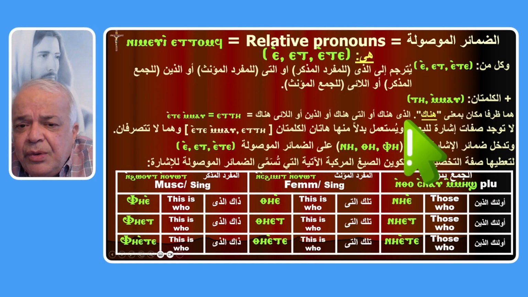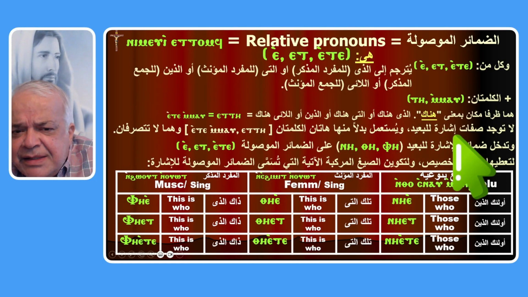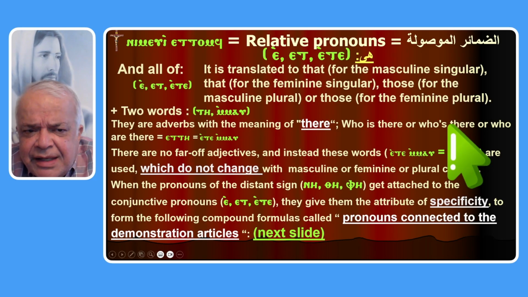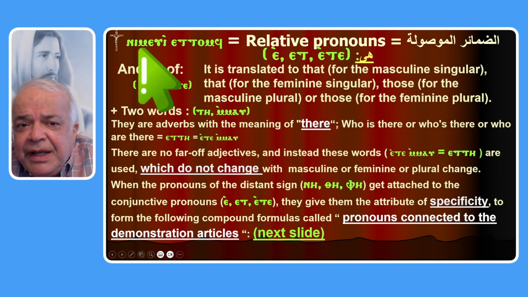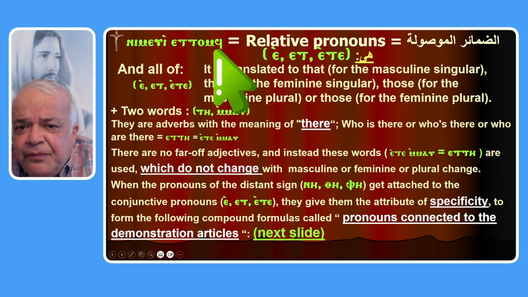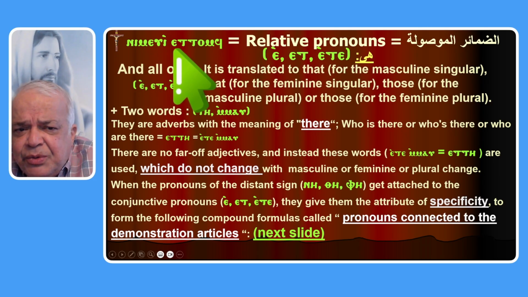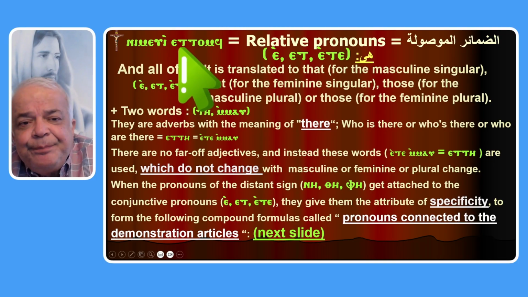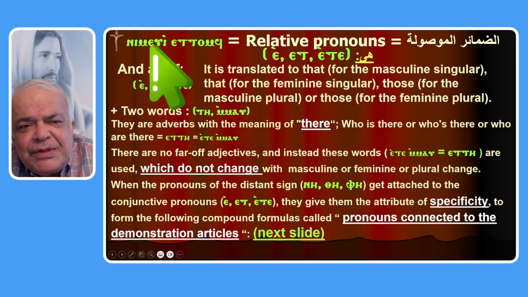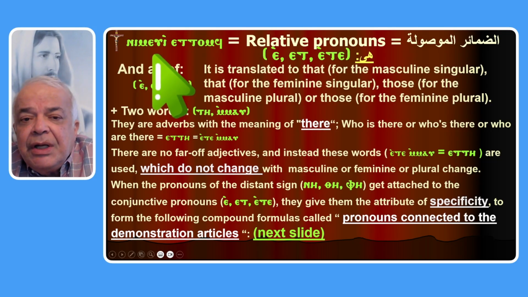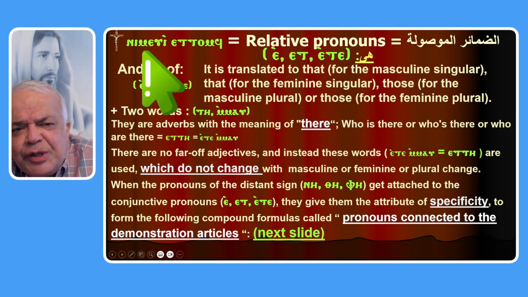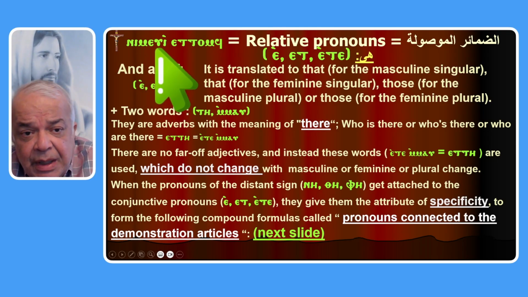Here I'll give you the rules, but here it's written in Arabic. I translated it into English here in that slide. Nimev e et tomf, relative pronouns. Here we'll talk about something we add to the far demonstration articles, just to give a full or specific description.